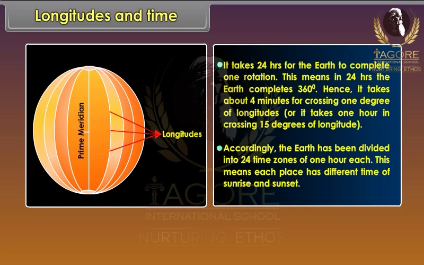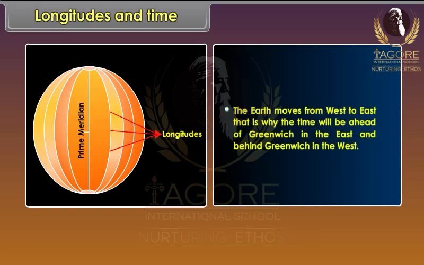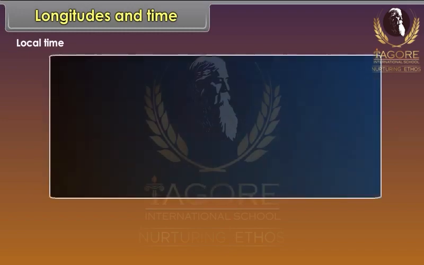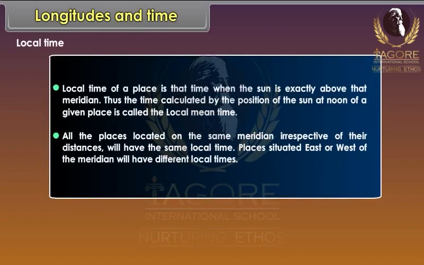This means each place has different time of sunrise and sunset. The earth moves from west to east. That is why the time will be ahead of Greenwich in the east and behind Greenwich in the west. Local time. Local time of a place is that time when the sun is exactly above that meridian.